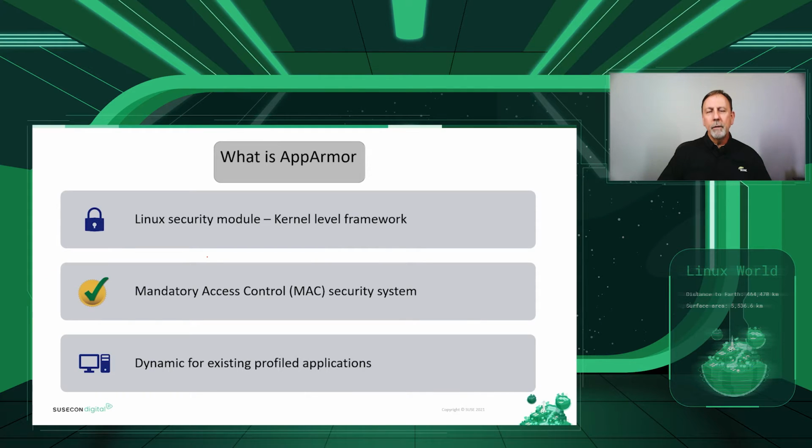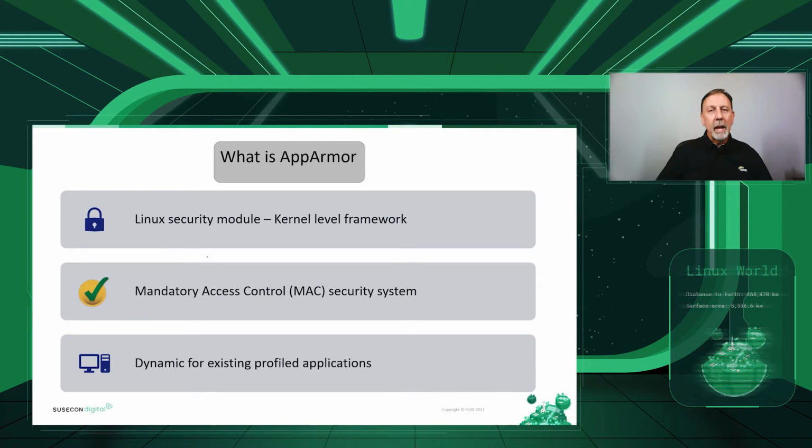So let's start off here. First off, what is AppArmor? AppArmor is a Linux security module, or it plugs in at the Linux security module layer. Now, this Linux security module was a framework that was created, and it was built for applications such as AppArmor to be able to plug in and employ certain security functions that would not require adaptations to the kernel or modifying the kernel or even applying another security layer on top of the kernel.